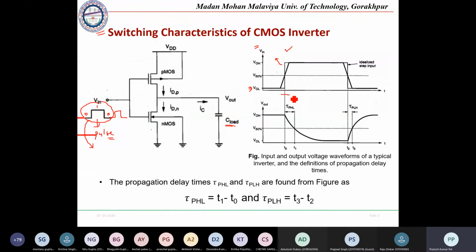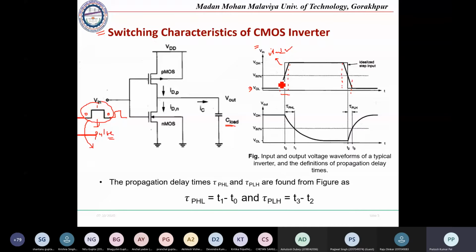This is the total time it takes to switch from low to high. Similarly, once it is high, switching from high to low will take some finite amount of time instead of the 0 time taken by the ideal pulse. This one is the ideal one, but this is the practical one. The practical one takes some finite time to switch from 0 to 1 or 1 to 0, or low to high or high to low.